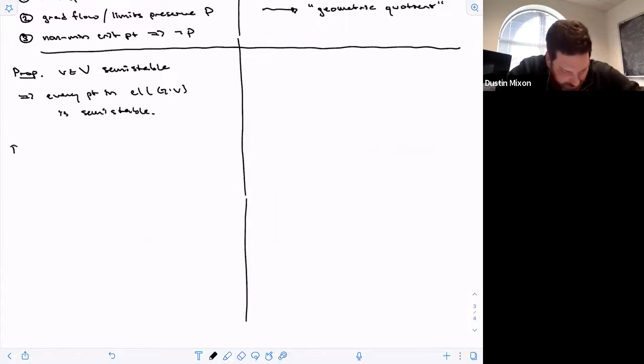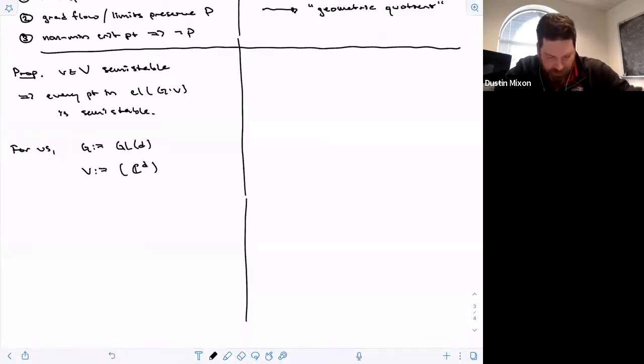More specifically, we're going to be taking our group to be GL of D. We're going to take V to be this space of tensors. So it's like we're tensoring up the columns of our short fat matrix. And we'll say that our short fat matrix has property P if this tensor is semi-stable.